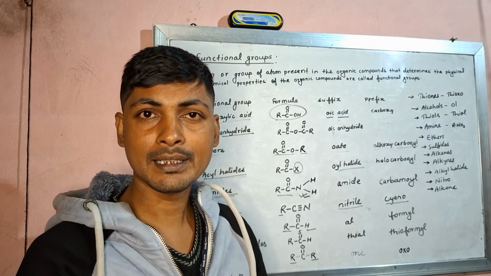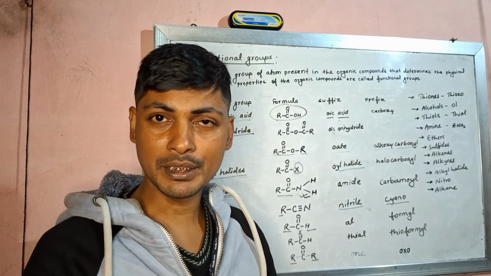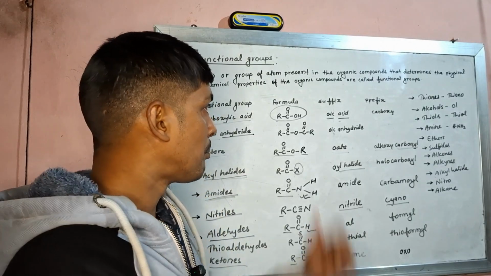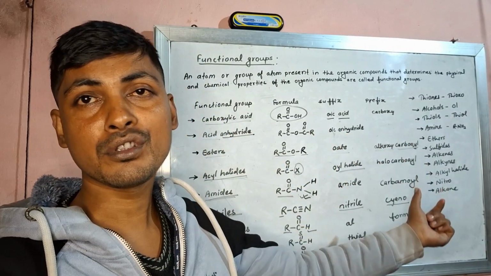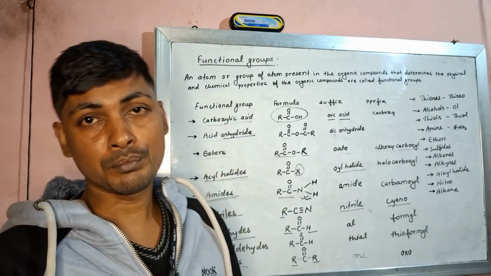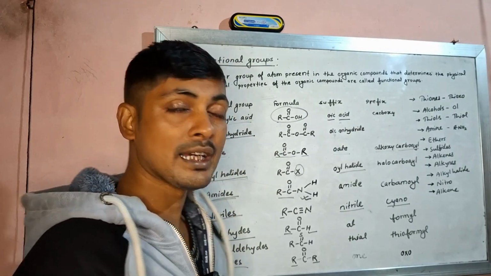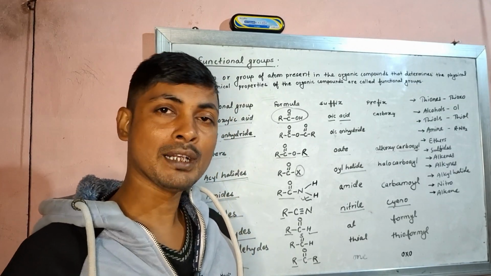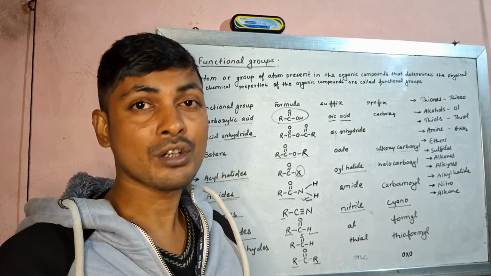Now the main thing that I mentioned to you in the beginning of the video is in which case we have to use a suffix word, and in which case we have to use a prefix word. If there is only one functional group present in any organic compound, then we do not have to think about whether to use a prefix or suffix.